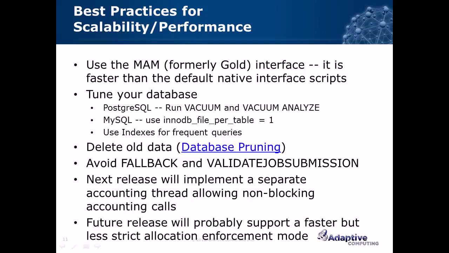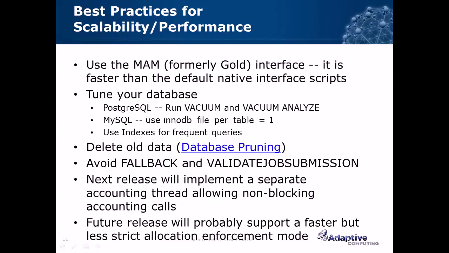So I know many of you, or some of you, are experiencing some pain on the performance between Moab and Moab Accounting Manager. It is one of the more expensive operations within Moab. Most of you probably know that you need to tune your database by vacuuming regularly. If you don't know that, that's going to be very important to recovering performance.